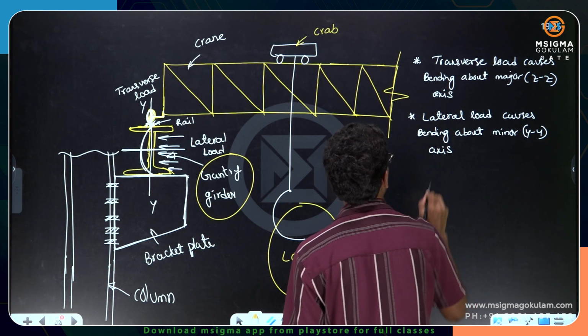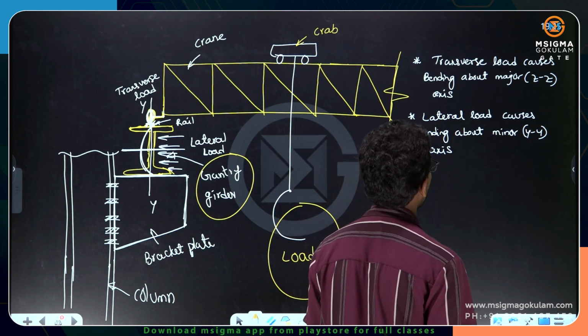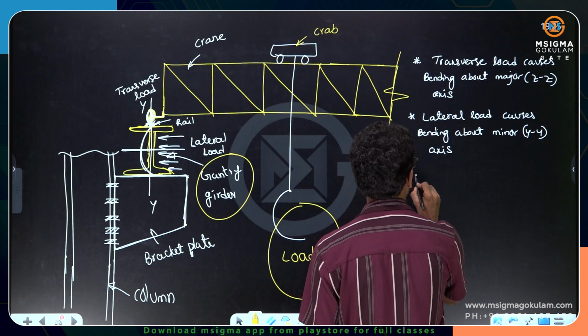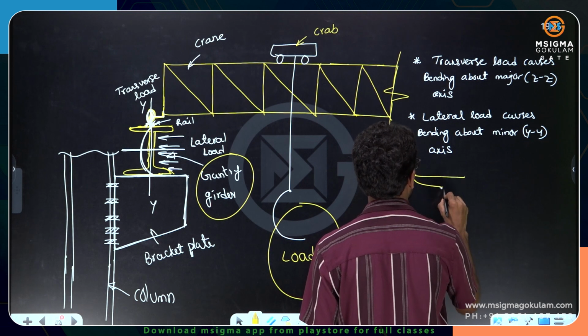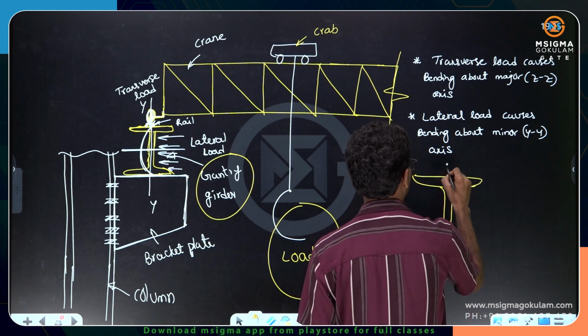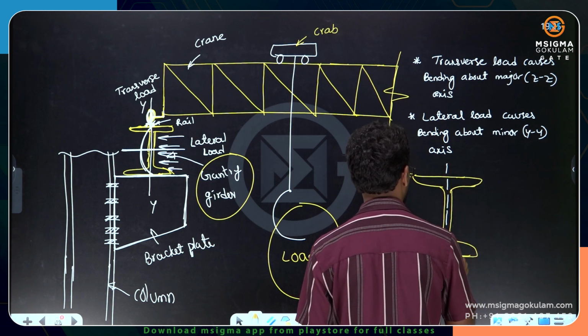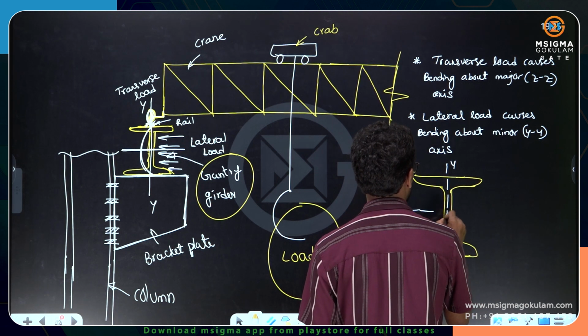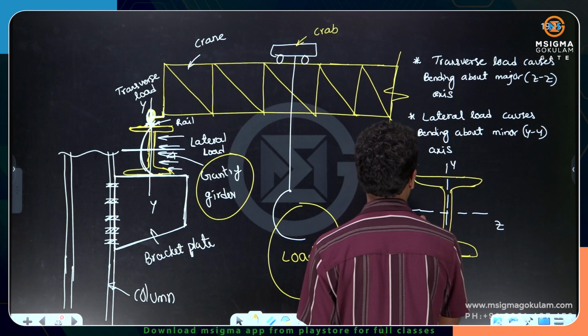Lateral load causes bending about minor axis or YY axis. So please understand, dear friends, I am writing here again, if I have the Y axis, an I section like this, this is the YY axis and this is the ZZ axis.